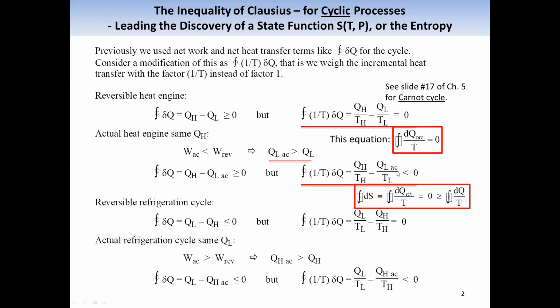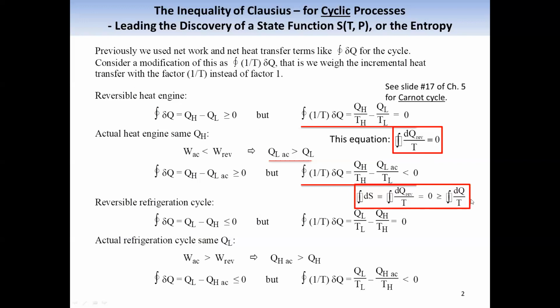Therefore, this portion of the equation is called the Clausius inequality. If we rewrite this integral smaller than 0 and place it right here, and put what we derived here, combine them, we get this portion of the equation.